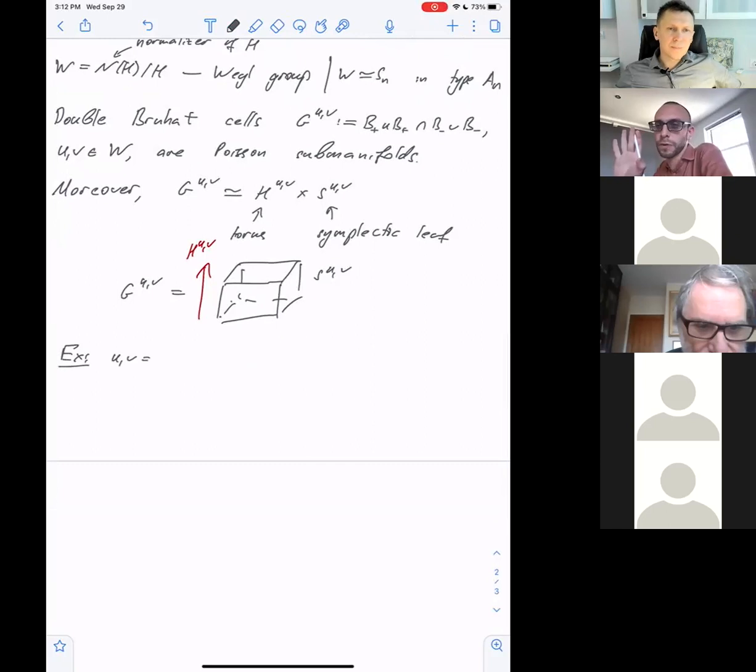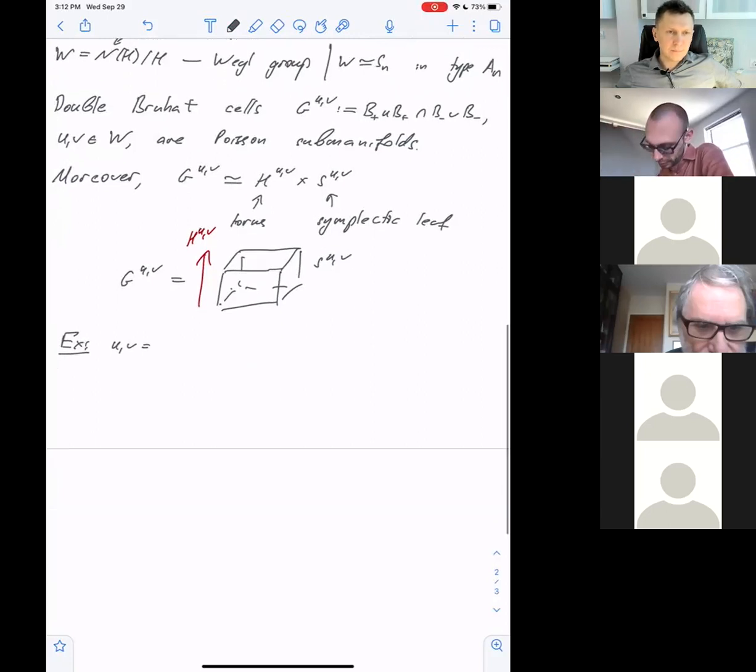I'll give this example for w_0, and then I'll give a parametrization of double Bruhat cells from which it will be clear which things are invertible. But let's just do this example.